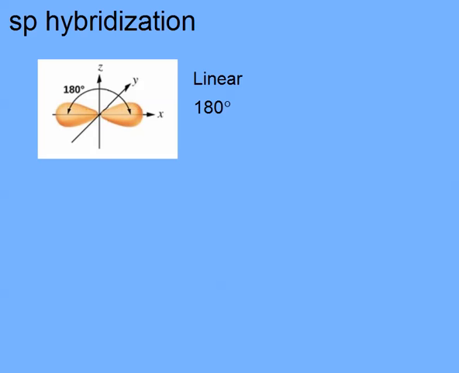Remember, of course, with sp hybridization, it leaves two of the atomic orbitals in that p subshell which are not hybridized. One of those unhybridized p orbitals is above and below the plane, so it's getting as far away from the hybrid orbitals as possible, and that creates an angle between the unhybridized orbital and either one of the two hybrid orbitals of 90 degrees.